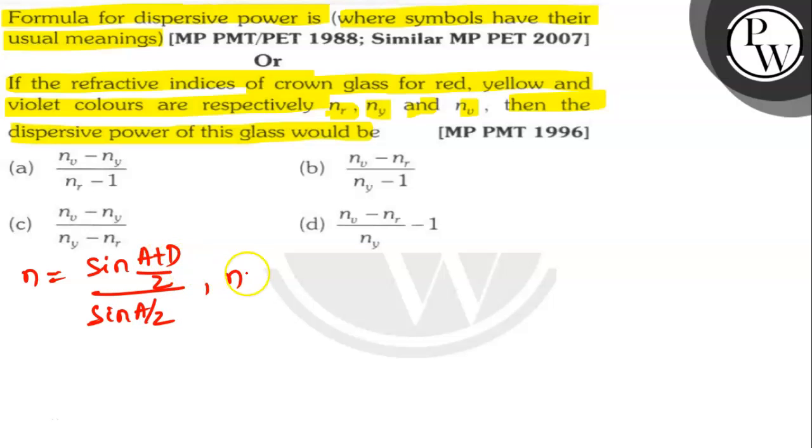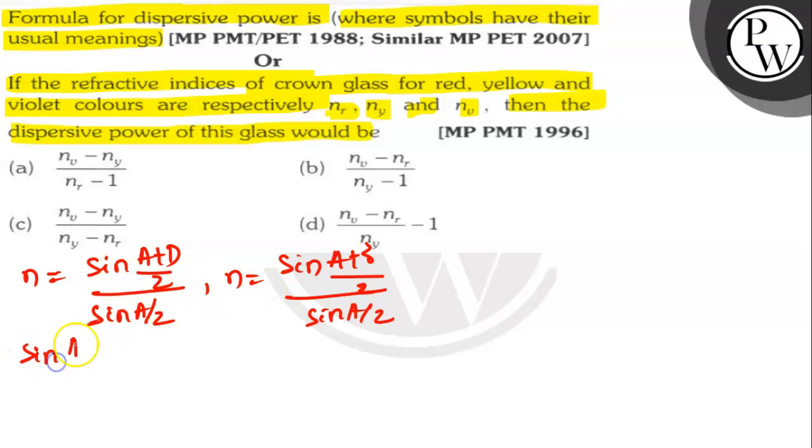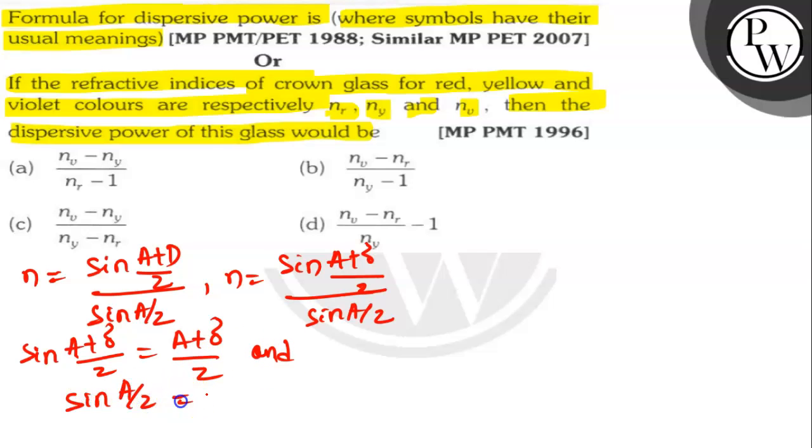In the place of D, we will put delta: n equals sine of (A plus delta) divided by 2, whole divided by sine A by 2. Because we are talking about small angled prisms, sine of (A plus delta) by 2 is equal to (A plus delta) by 2, and sine A by 2 is equal to A by 2.